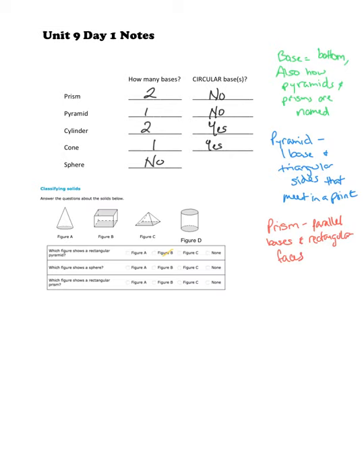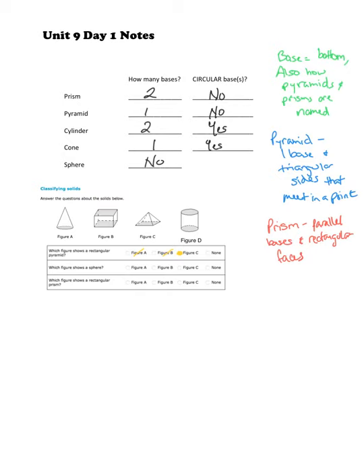So cross that one out. Figure C has a base that is a rectangle. But Mrs. Gates, it looks like a square. Remember Unit 4, a square is a rectangle. Okay? Has a rectangular base and triangular sides that meet in a point. So figure C.